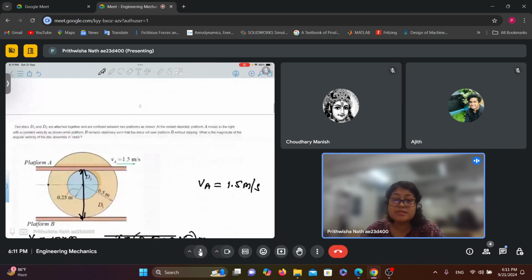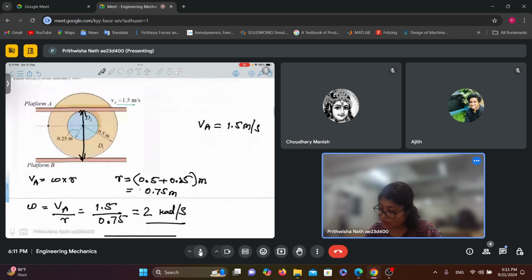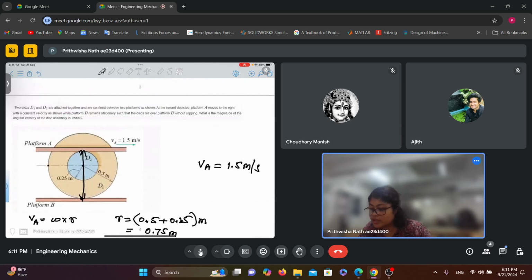So these are the problems that we discussed. So for this problem, these two discs D1 and D2 are attached together. We are asked to find the magnitude of the angular velocity of the disc assembly. The platform B is stationary and platform A has velocity towards the right.